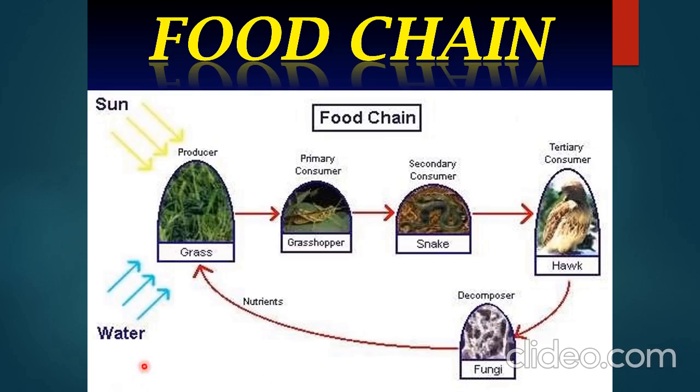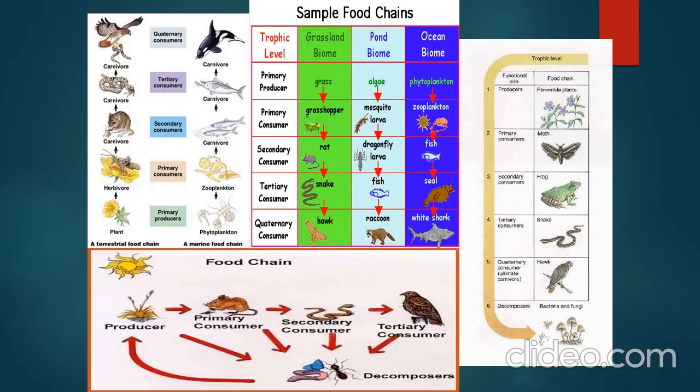Like if you see in the figure, these are the producer, then primary consumer, then secondary consumer, then tertiary consumer, and the decomposers, right? So this is an example of food chain only. And if we talk about the food web, again these are examples of food chains.